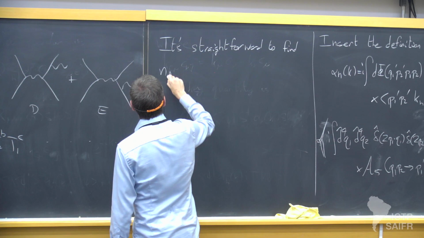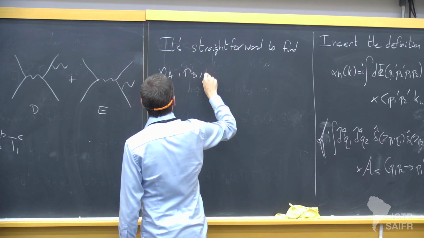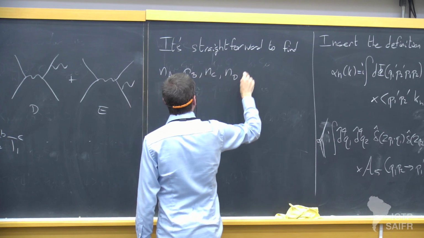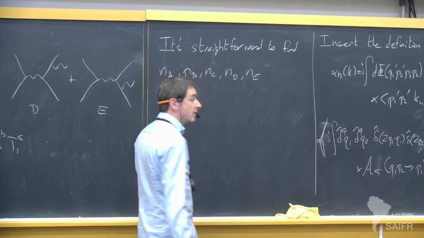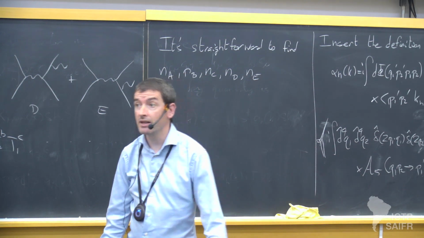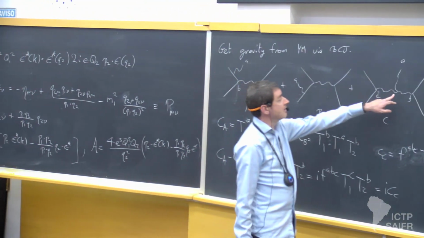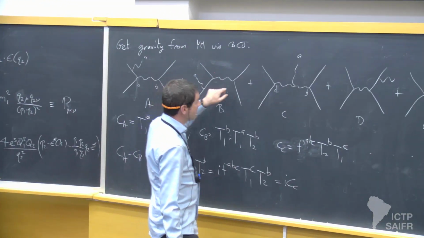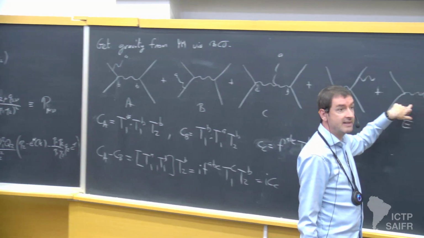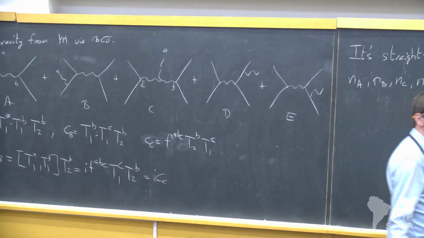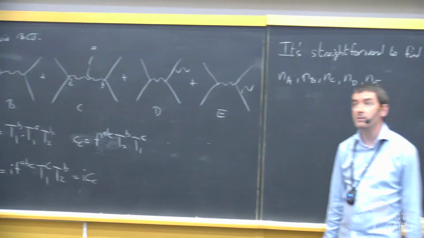These numerators NA, NB, NC, ND, and NE. Again, you can just construct them from Feynman diagrams directly from the Lagrangian. These diagrams, A, B, D, and E, are basically diagrams in electrodynamics, so they're super easy to compute with Feynman diagrams.